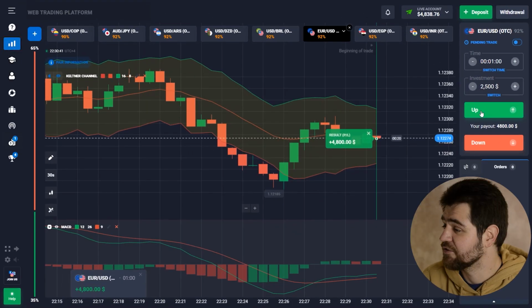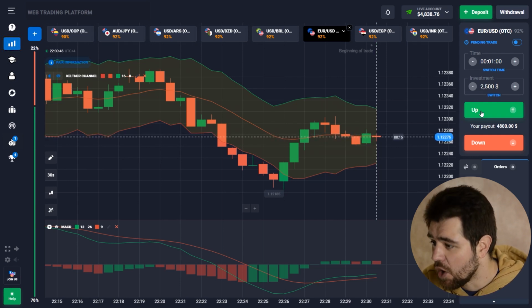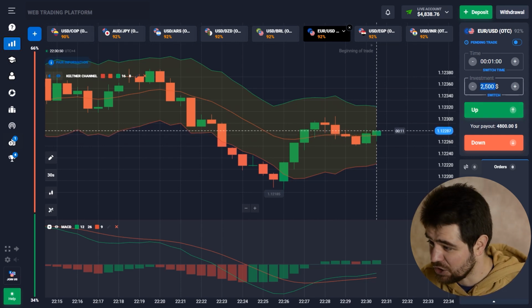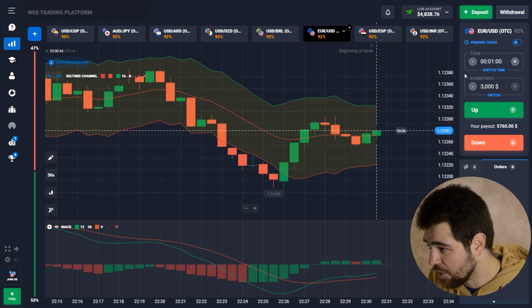Okay, so we have a 4.8 profit with this option. Obviously only 92% of it is the actual profit because we invest the whole thing.